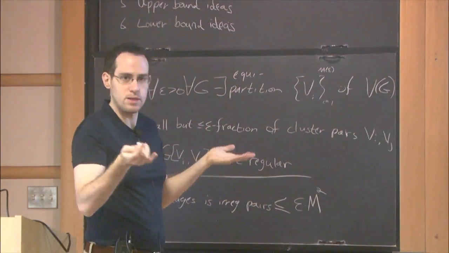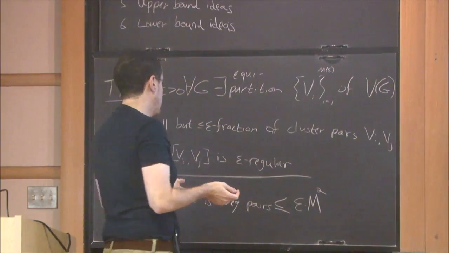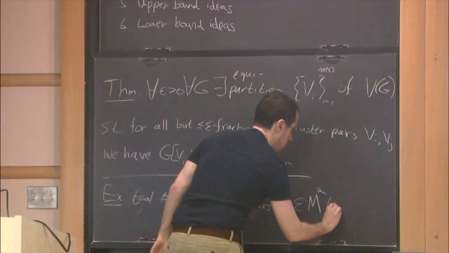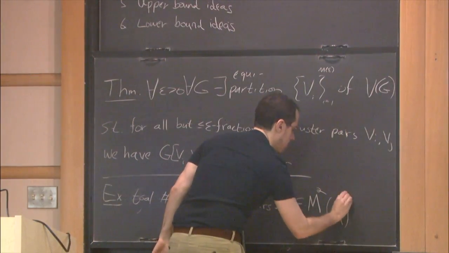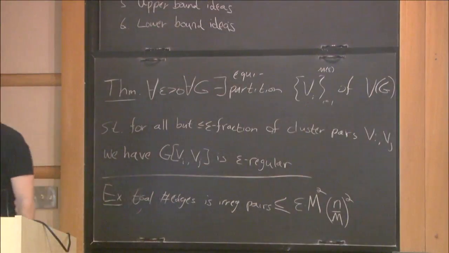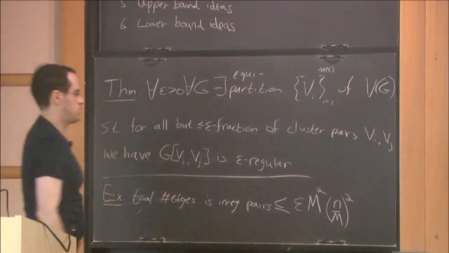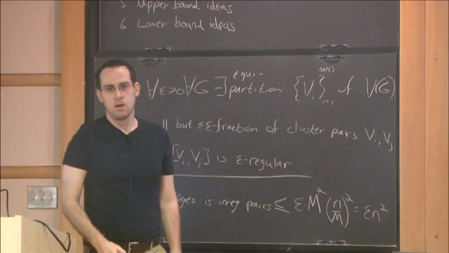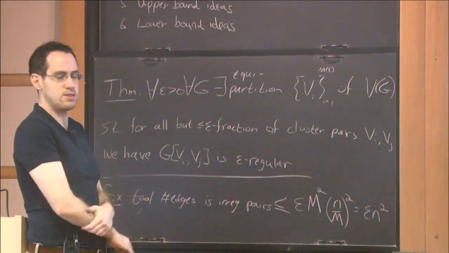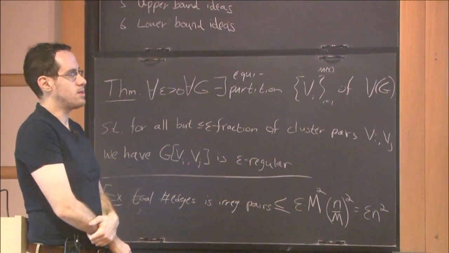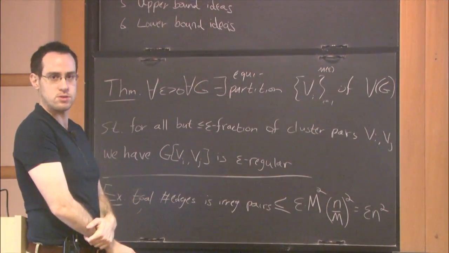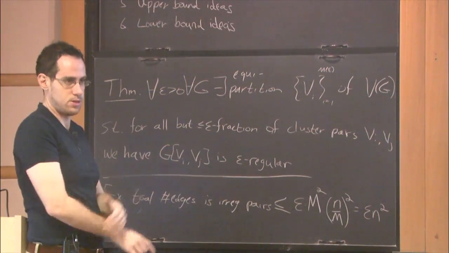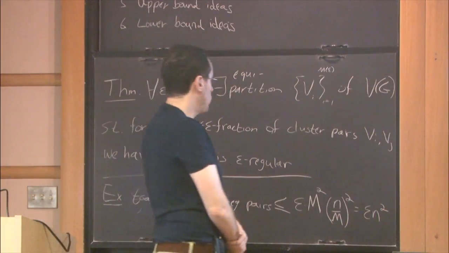Well, I have no idea what the density there is, so it can be a complete bipartite graph. So you would have there n over m squared edges, potentially. So that comes up to epsilon n squared edges. So if you are fine with removing this many edges, then basically you can guarantee that there are no irregular pairs, because whenever there was an irregular pair, I removed all the edges, I get an empty graph which is trivially regular.